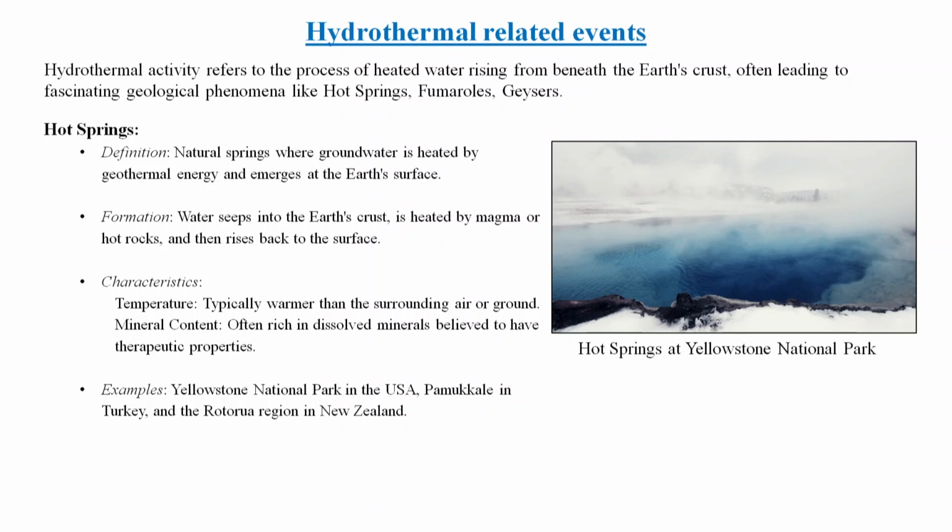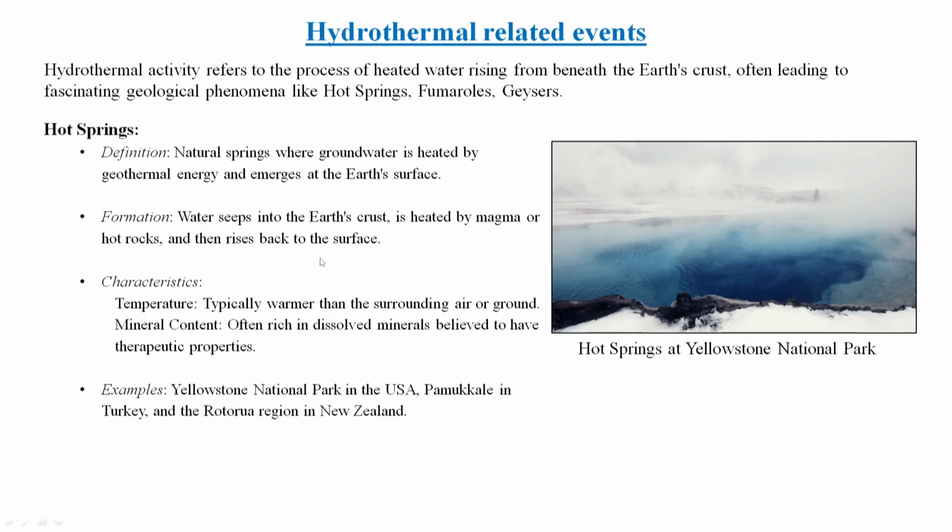that is getting out from the magma chamber, and the surrounding water supply gets heated over time. So natural springs where groundwater is heated by geothermal energy coming out obviously from the magma chamber.